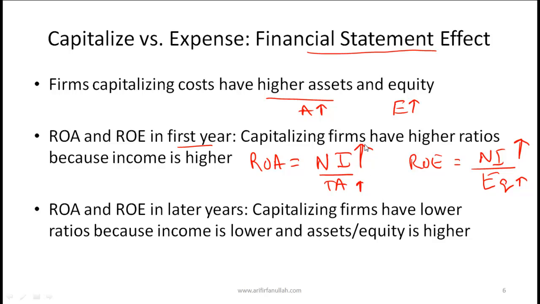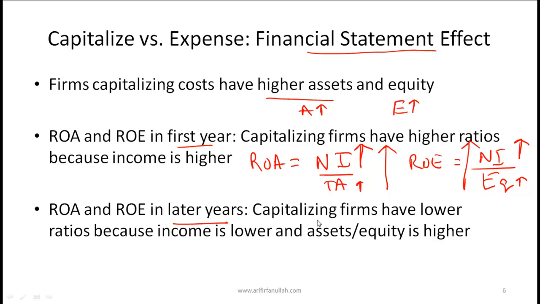But in the first year, the net income is so much higher, relatively speaking, that the overall profitability ratios will be higher for the capitalizing firm. We can do this with an example later, but at this stage, let's just understand this core concept.